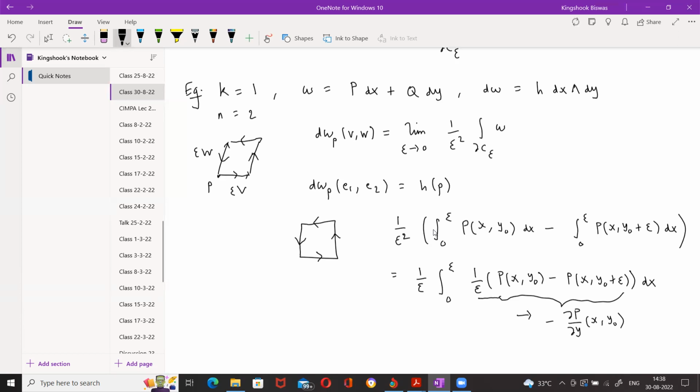So by the mean value theorem for integrals and continuity, the whole thing will converge to a finite limit, minus del p del y of x naught y naught, where this point p is equal to x naught y naught.